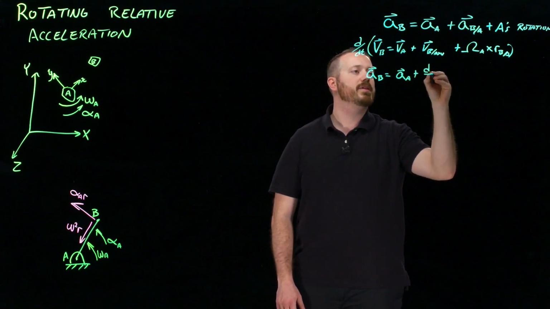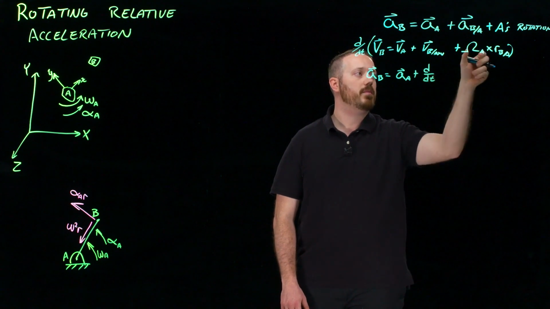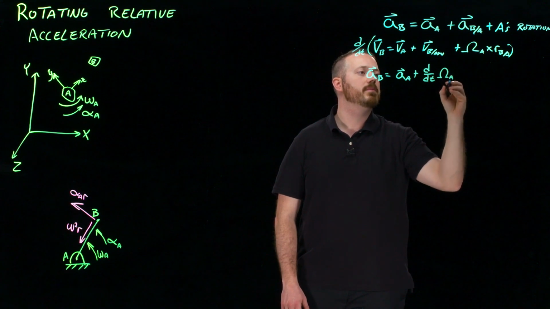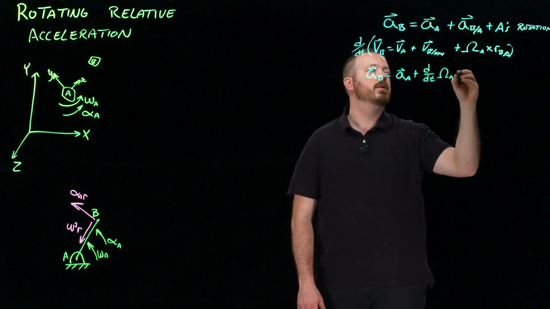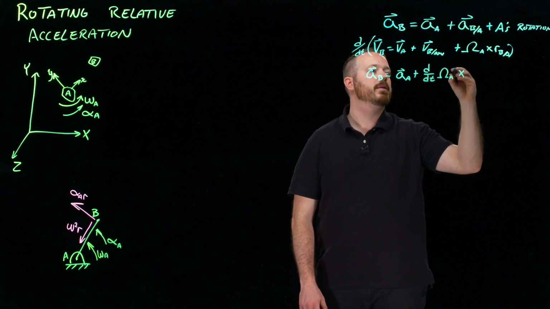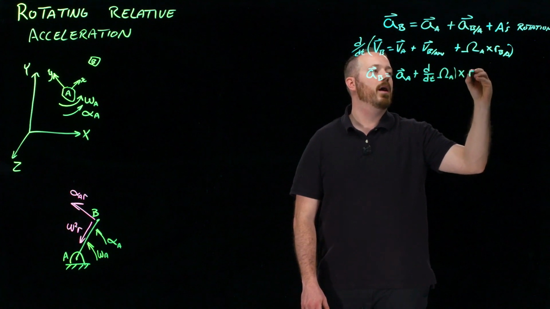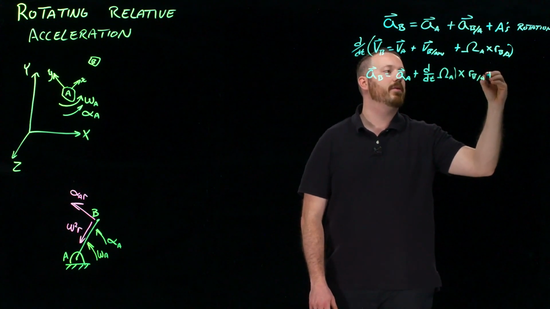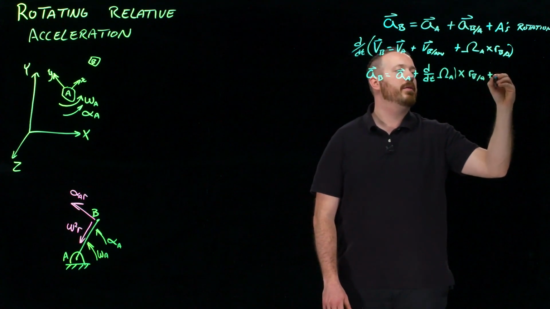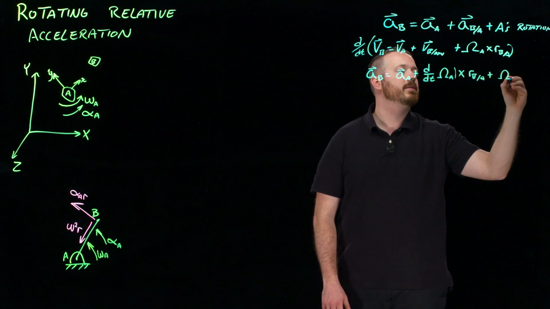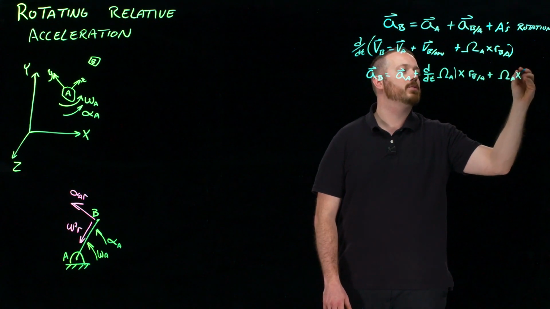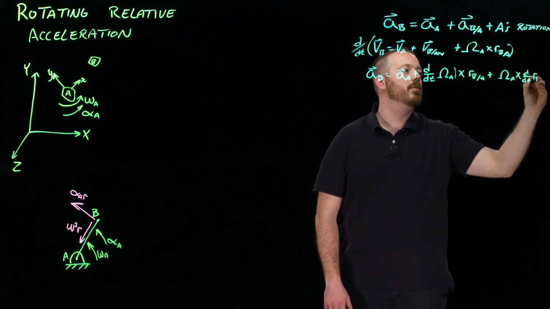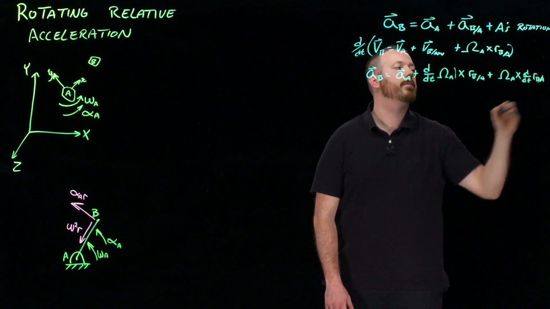We're going to have the time derivative of the angular velocity of A crossed with r_BA, and the other side of that: the angular velocity of A crossed with the time derivative of r_BA.